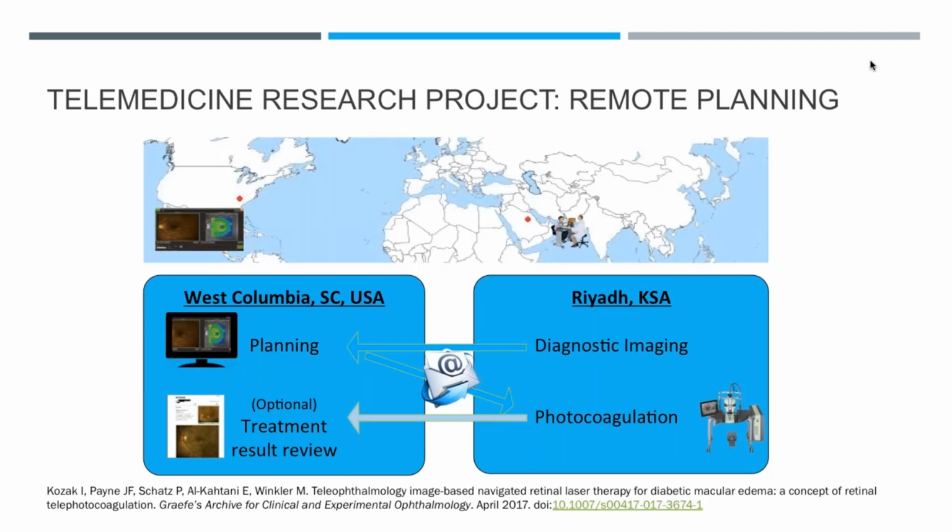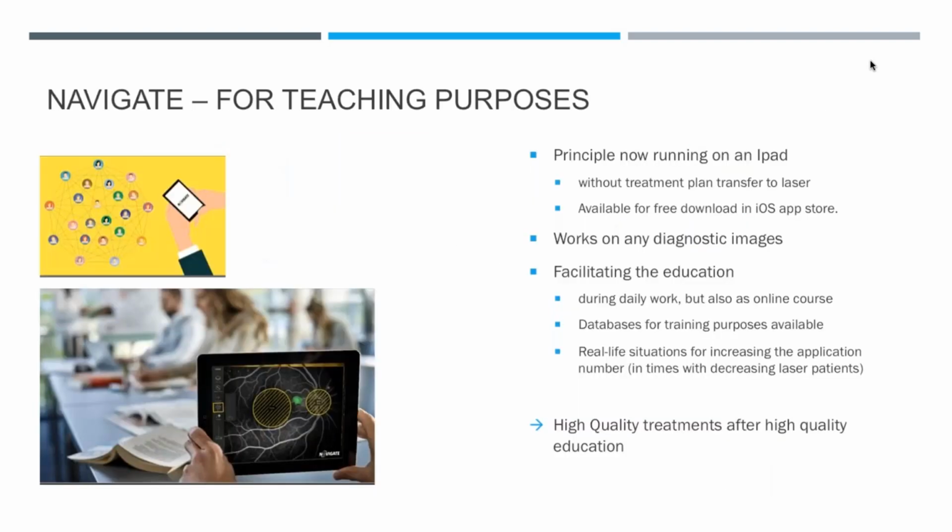What happens is that the image is sent to a reading center or to an expert who will create a treatment plan. And this treatment plan is then returned to the center which needs to perform laser photocoagulation. In a coordinated way with data protection, this is an elegant way of using teleconsultation in the accurate treatment of the patients who are in need.